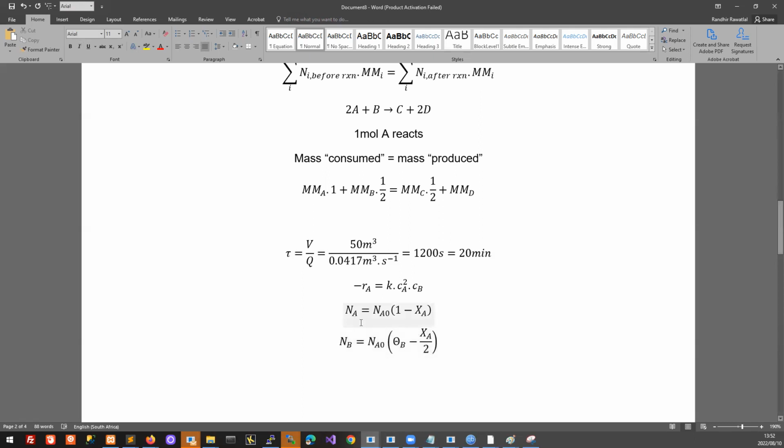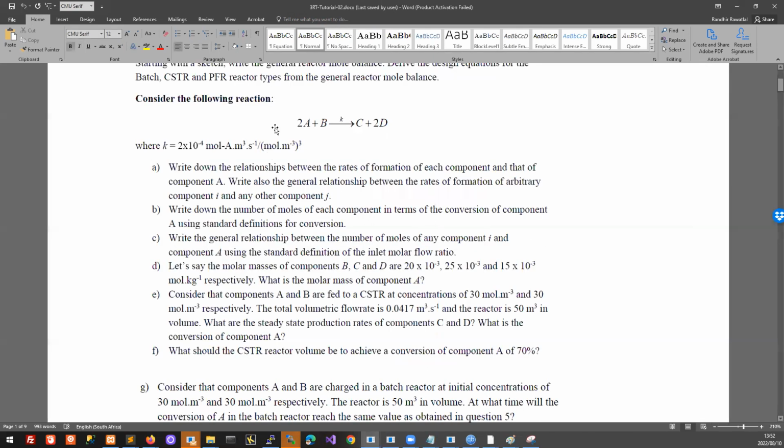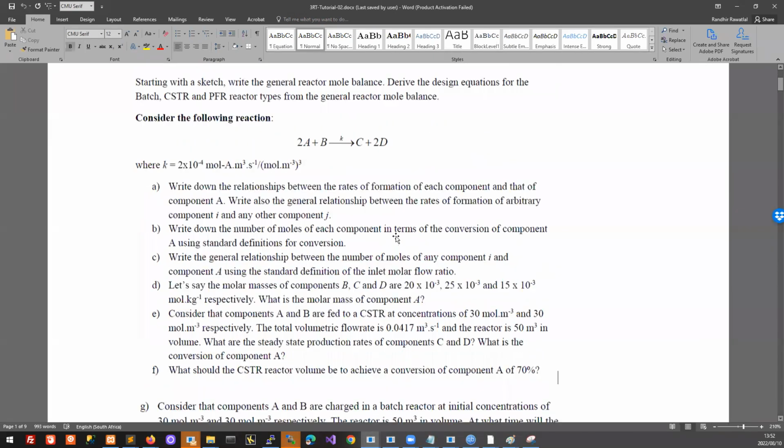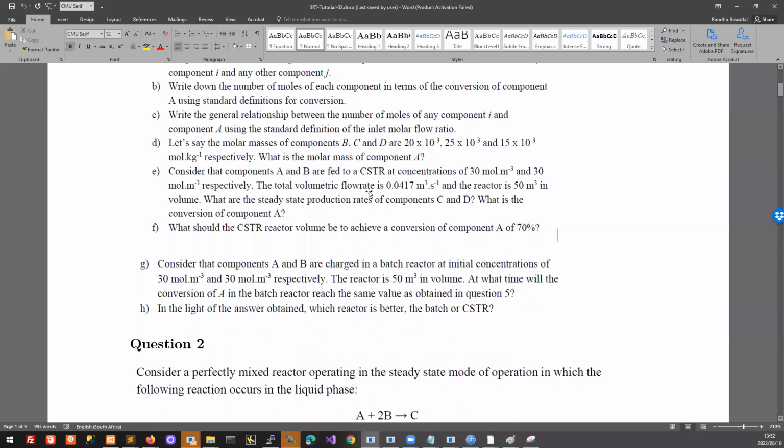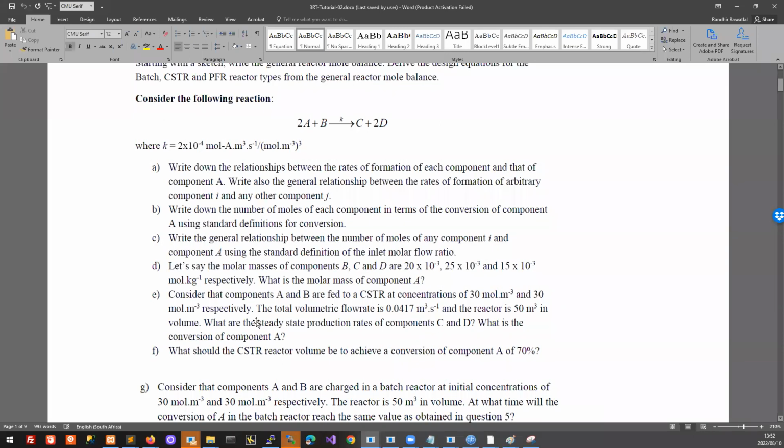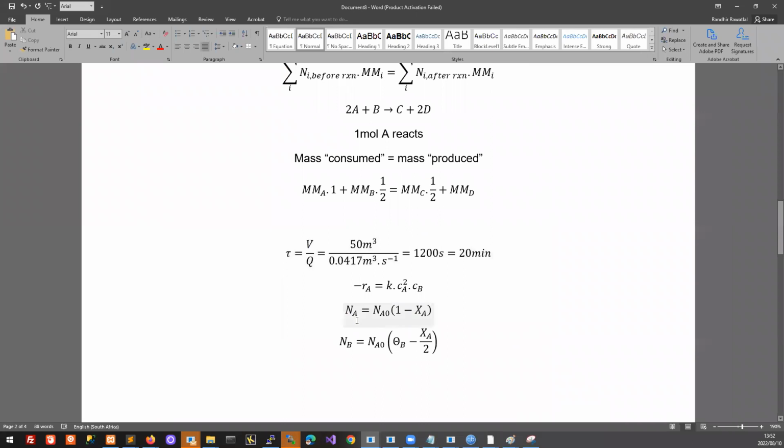And if we assume this is a liquid phase reaction, does it say? It doesn't say what phase this is, so I'm just going to assume it's a liquid phase reaction. Maybe we'll do it again for gas phase.